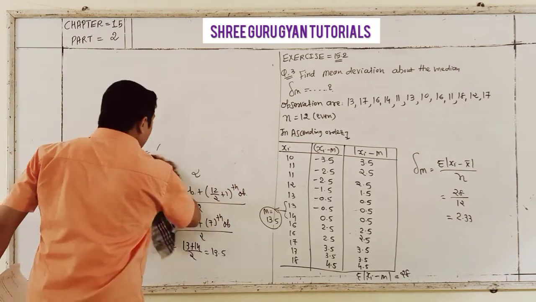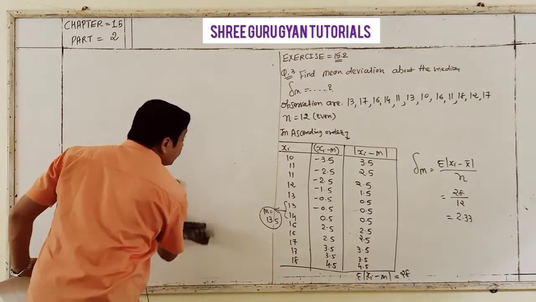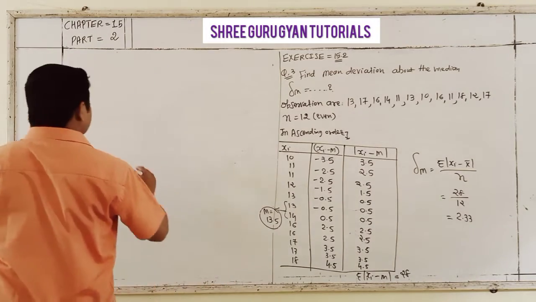Now continue with question 4. It is the same, asking for mean deviation about the median.